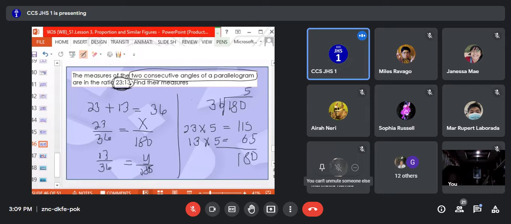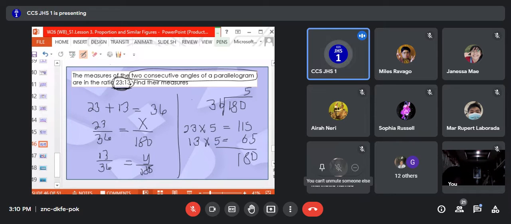Laka, you forgot this lesson? Di ba? Kung mag-ratio ka, you're going to add the two para makuha nimo ang total number. Because kanang ratio kay part naman na siya, part. 23 of 36 and 13 of 36.